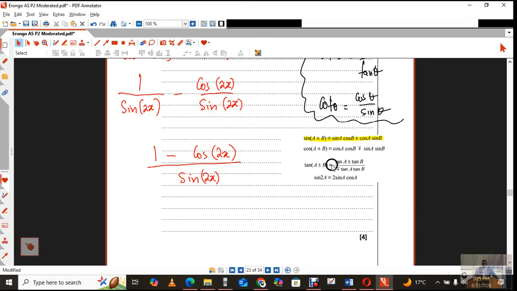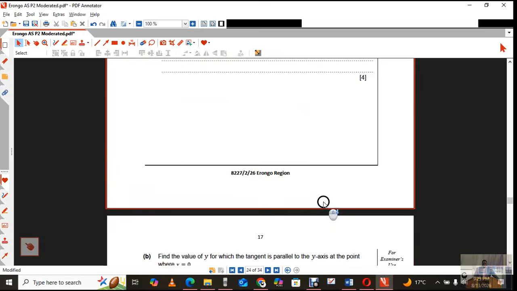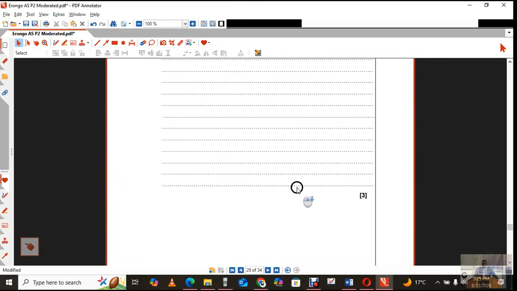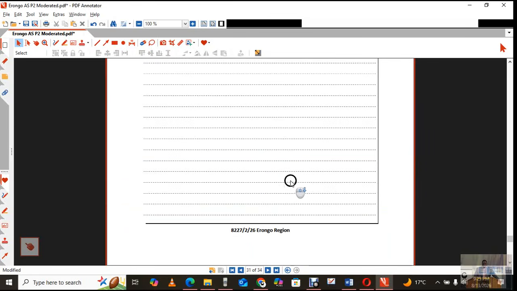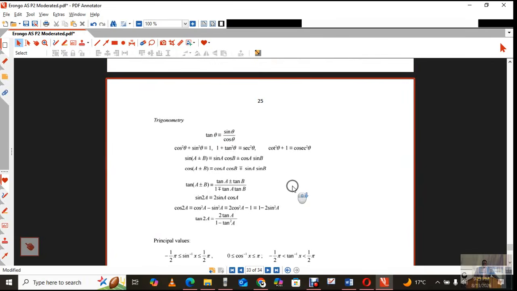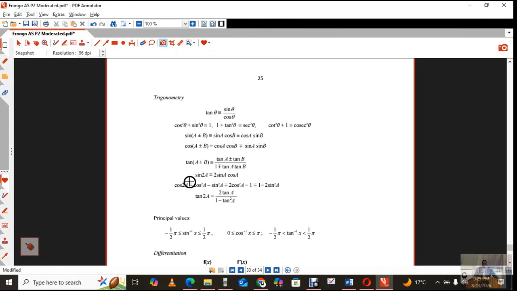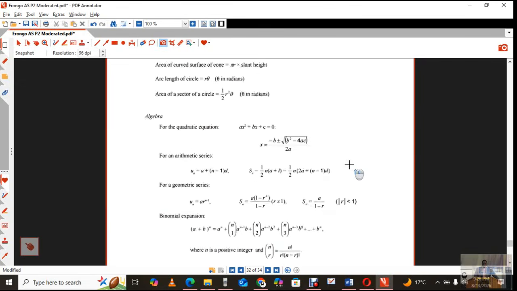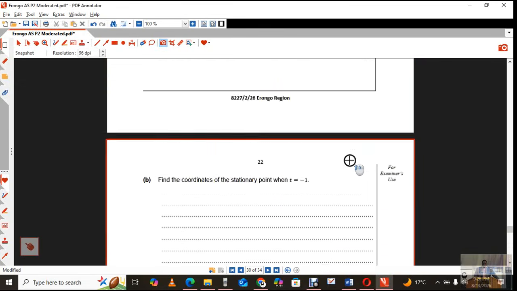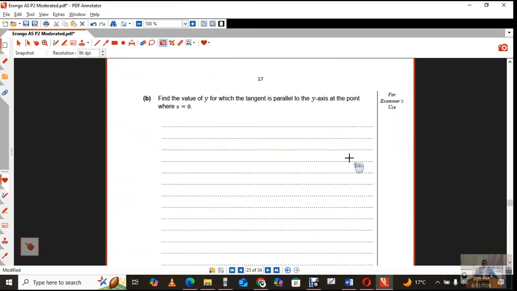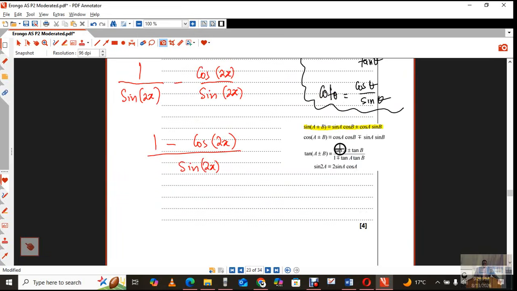It's not really here, but remember we've used it before, so I can still go and get it since I'm not far from finishing the paper. It's quite a long paper in terms of explaining it, but it's not a difficult paper. So this is the part that I'm interested in, where we have our double angles. Okay, I'm going to copy that part. I'm going to go back and show you how to use the double angles in order to prove or verify that identity.